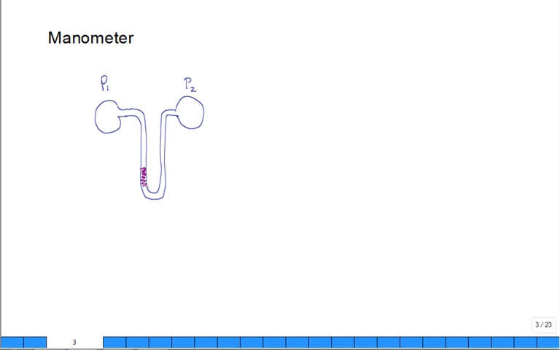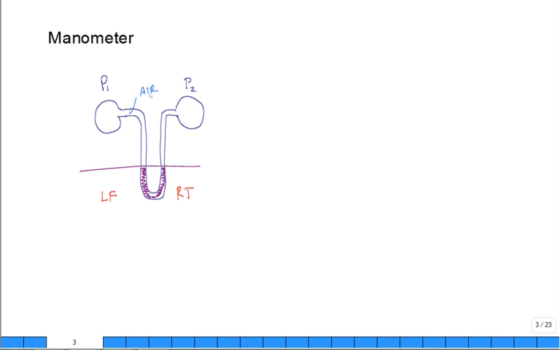Maybe the mercury is like this, such that the fluid level is the same on both the right side and the left side of the manometer. The two fluids are at the same level. I know that I have some other fluid up here, but let's consider this as air.